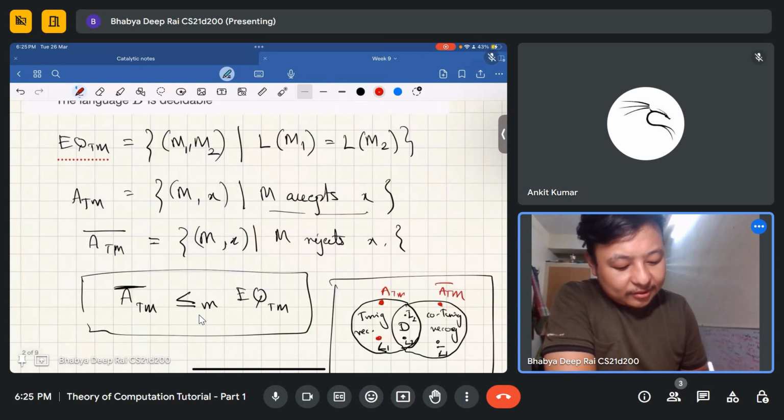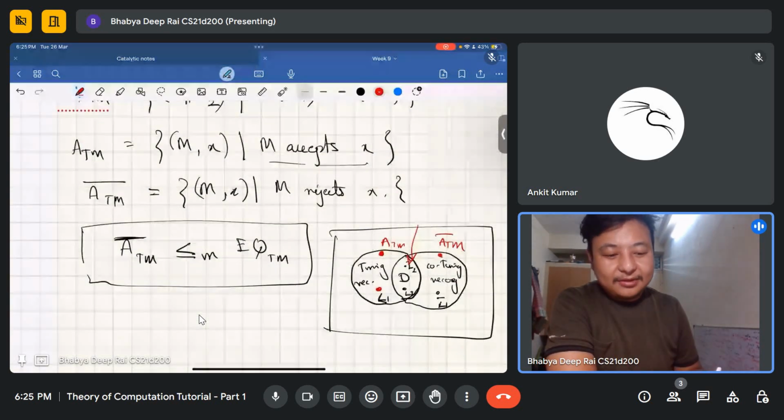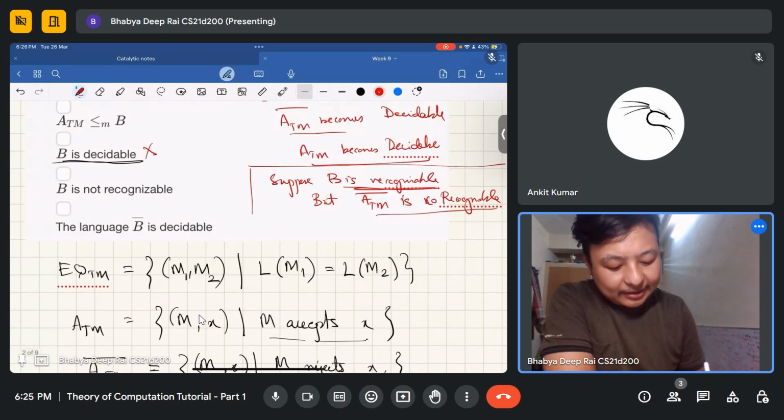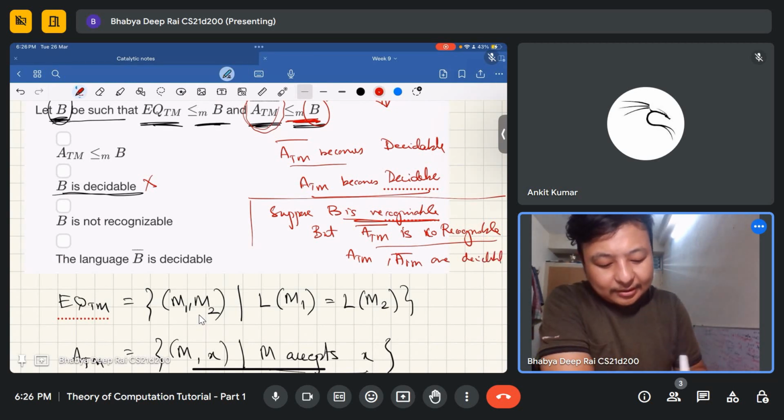If it is both recognizable and co-recognizable, then your language should be here. It should be decidable. So it would mean that ATM as well as A bar TM are decidable. So it cannot be recognizable, and therefore B is not recognizable.